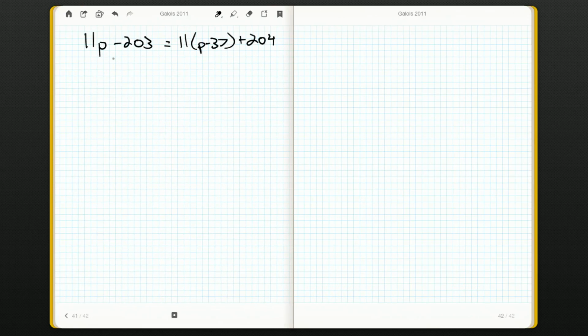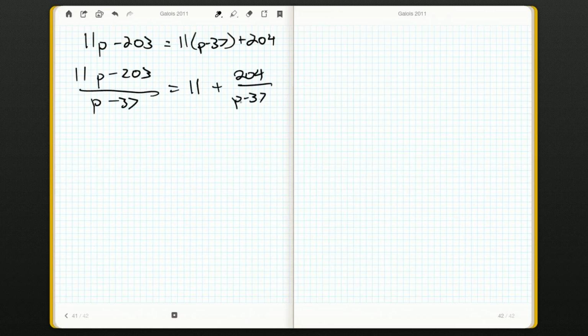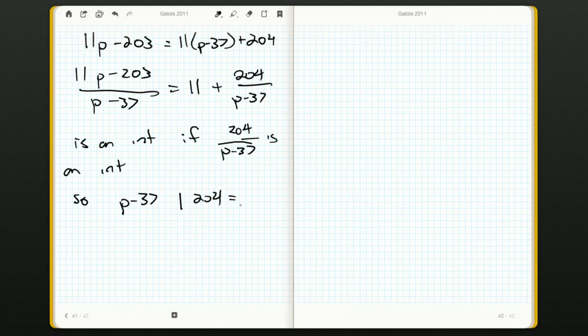Now, I don't want 11p minus 203 by itself. I want 11p minus 203 over p minus 37. That's going to be 11 plus this thing over here. And that's an integer if this weird fraction-y term is an integer. So we need p minus 37 to divide 204. Well, what's 204?